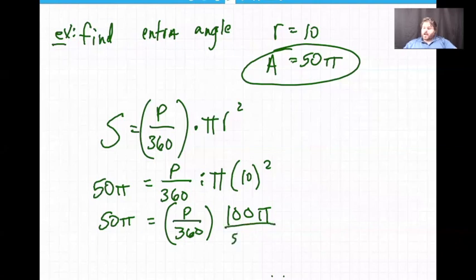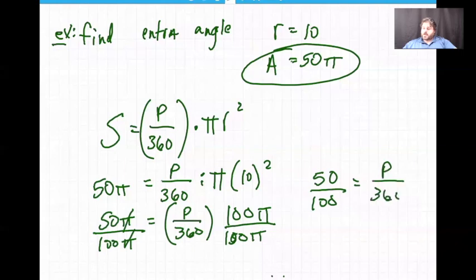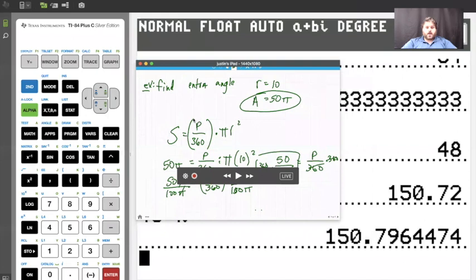I'm going to divide both sides by 100 pi. Remember the pi's cancel here. That leaves me with 50 over 100 equals p over 360. Then all I have to do is multiply by 360, and that gets rid of that 360 and has me solving for p. So this is going to be my answer. I just need to calculate what it is.